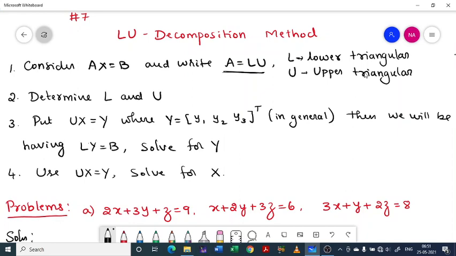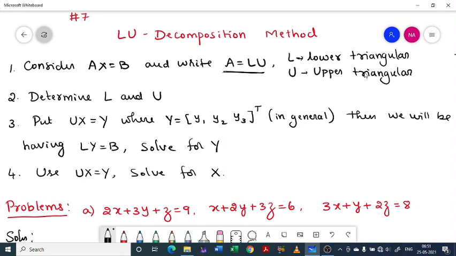And if you look into this, we need to determine capital X, that is the actual headache, but we need to consider Y, which is again a 3 cross 1 column matrix, that is another headache. Then from Y again we need to get X. From the second headache we need to solve the first headache.